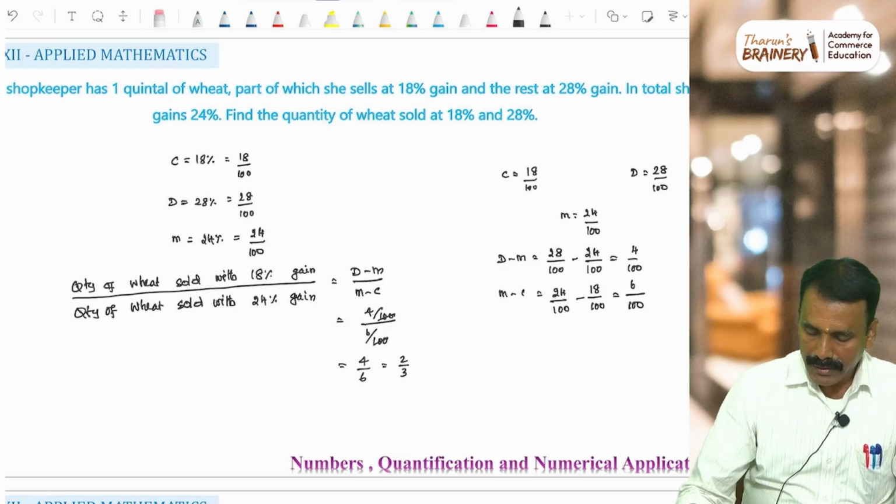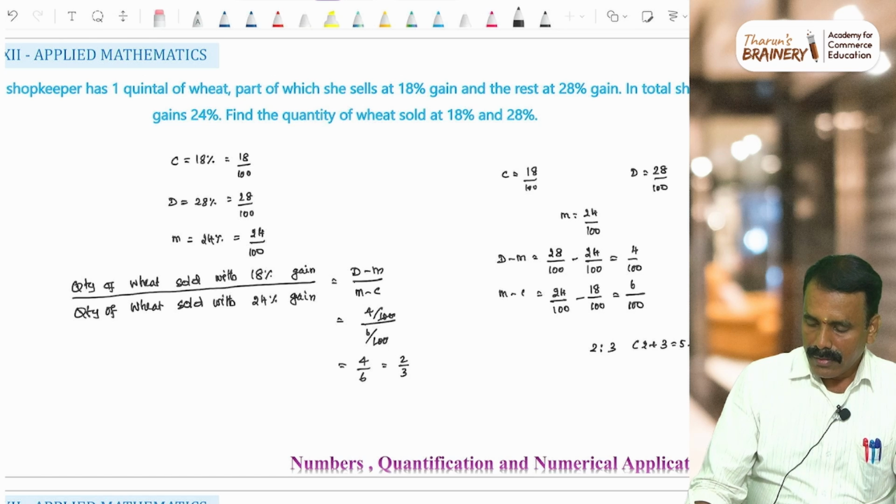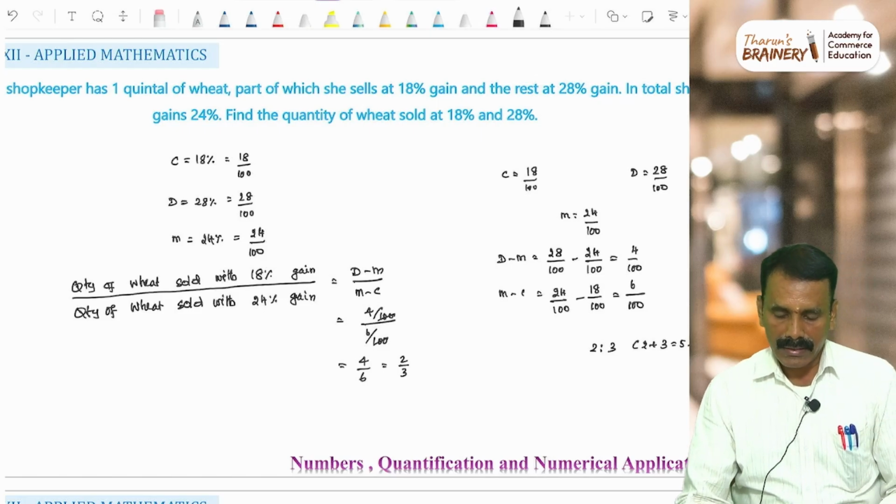So we are supposed to find the quantity of wheat sold at 18%. So here 2 by 3. So 2 is to 3. We find the total ratio. It is 2 plus 3, that is equal to 5. Out of 5, 2 part will be 18% wheat. Out of 5, 3 part will be 28% gain.